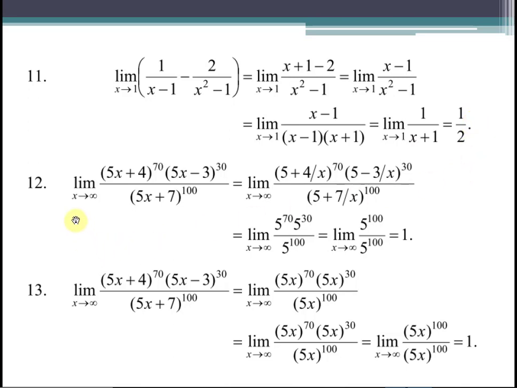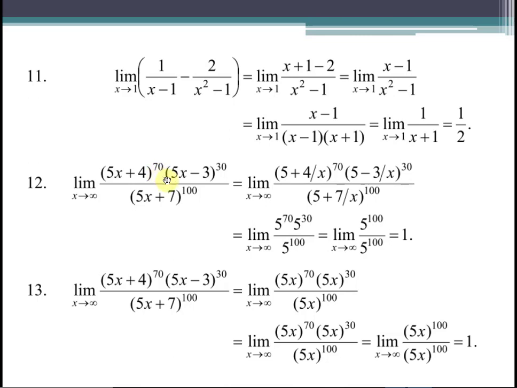The next one, number 12, limit x tends to plus infinity, and this next one. So here we have the power 70 and 30 and 100. So we don't need to open the degree, the power of 70.